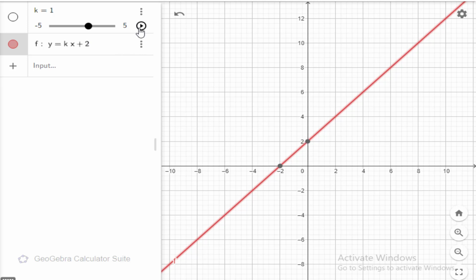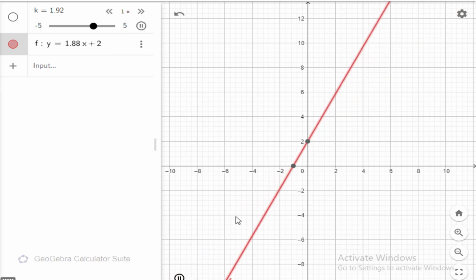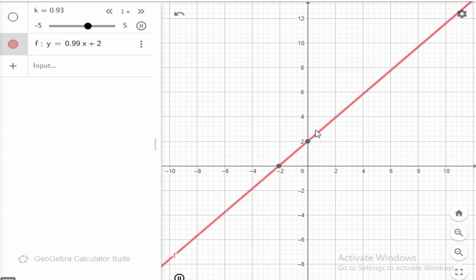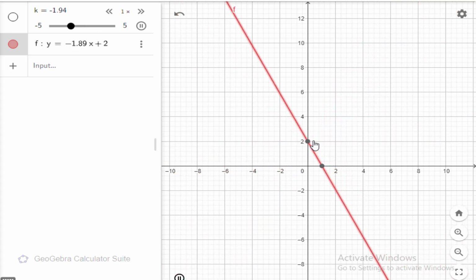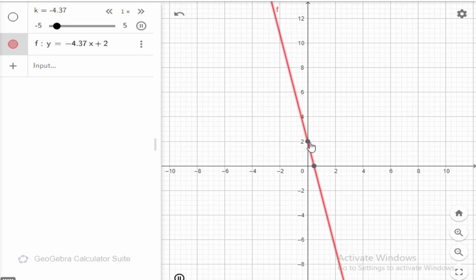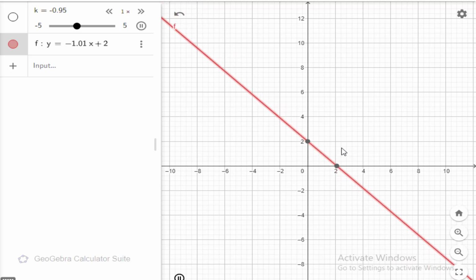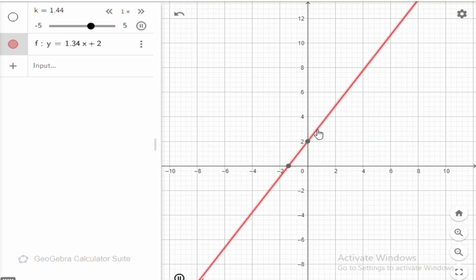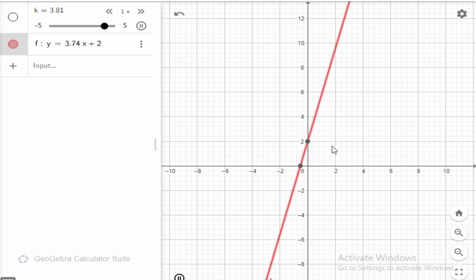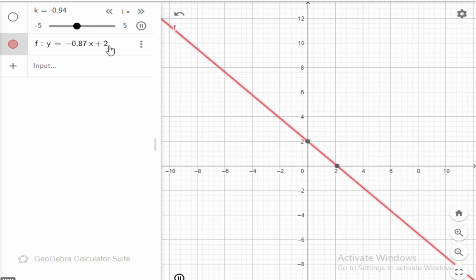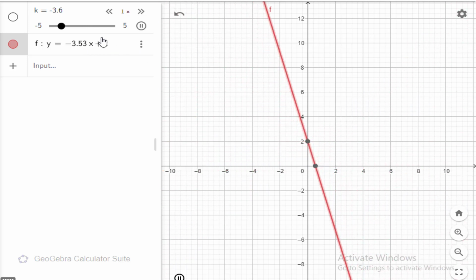Now let me play this and you will see that for different values of k, it is always a straight line and it always has this y-intercept. For different values of k, the line keeps on changing, but it will never pass through the origin. When x is equal to 0, y is not equal to 0 because of this 2 or b.